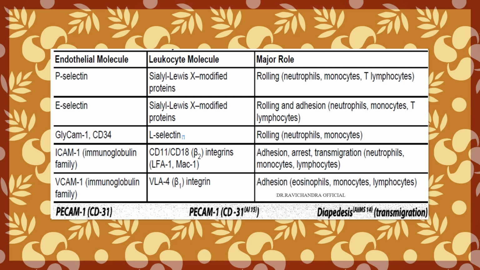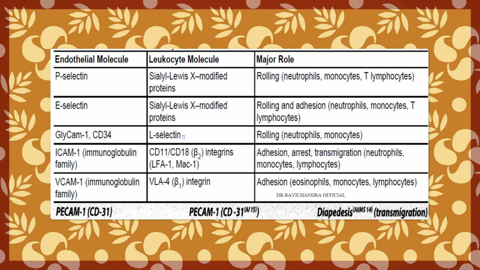E-selectin, that is the selectin on the endothelium, attaches with sialyl Lewis X modified proteins on the leukocyte molecule and results in rolling and adhesion of leukocytes, neutrophils, monocytes and T lymphocytes. GlyCAM1, glycoprotein cell adhesion molecule 1, also called CD34, will combine with L-selectin, leukocyte selectin, and results in rolling of neutrophils and monocytes.